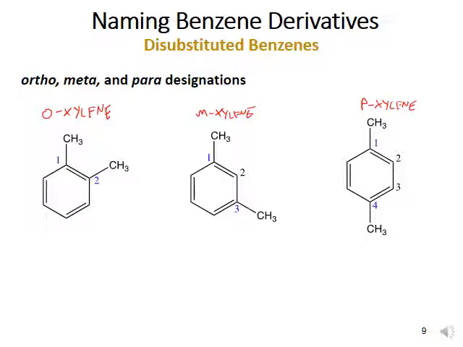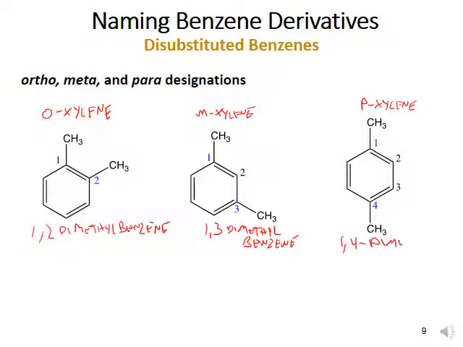But the IUPAC way we'll do underneath, it's either 1,2-dimethylbenzene, 1,3-dimethylbenzene, or 1,4-dimethylbenzene.